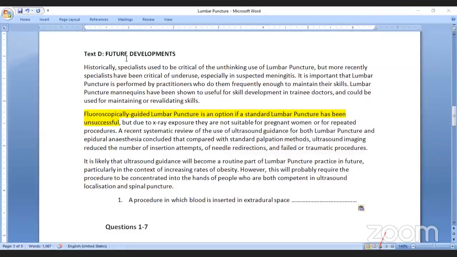So can you find the answer in text D or not, please? If you can find it, what is the answer? I don't think so. I cannot find it.